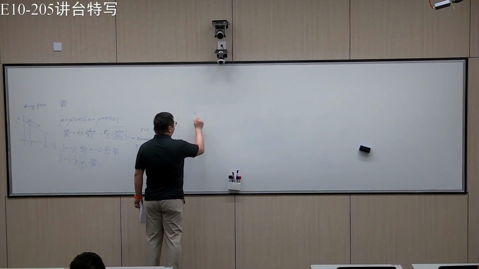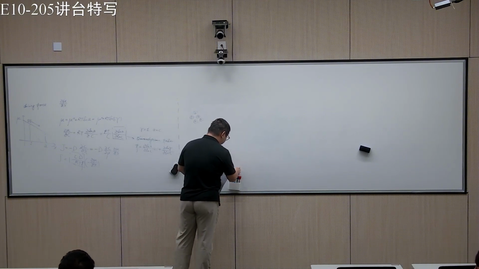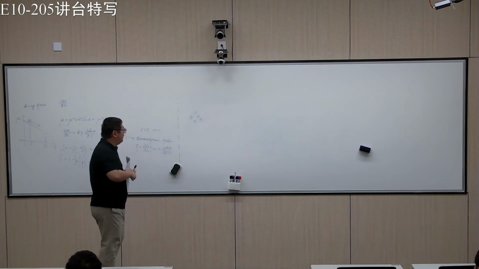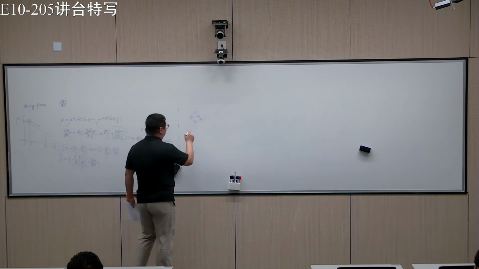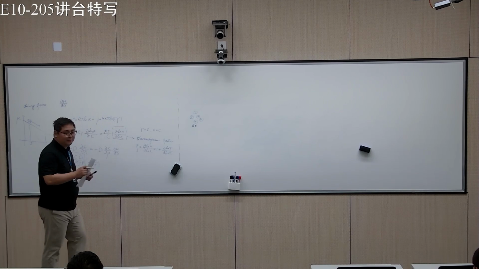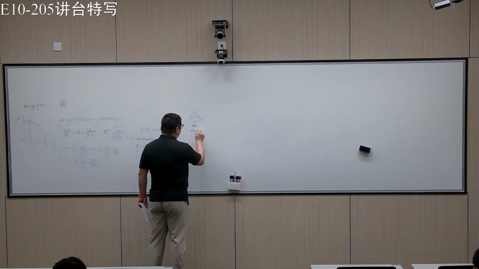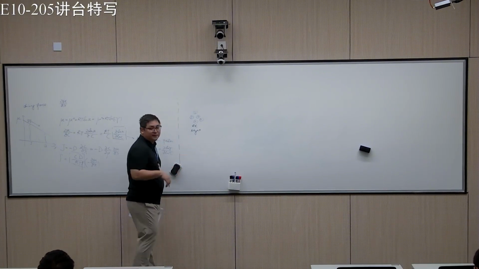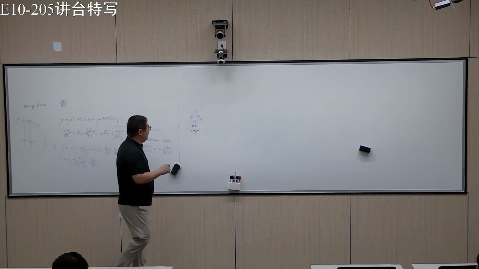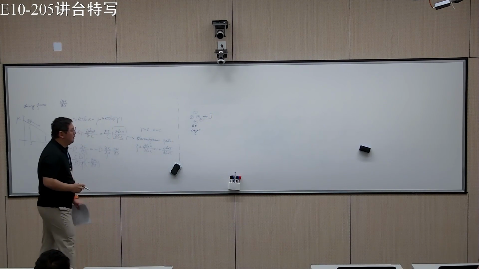So for example, if I have a bunch of cations, each one with charge of Ze. For example, if I have magnesium, then Z is 2 plus, right? Anyway, so they're going to diffuse with flux of J.